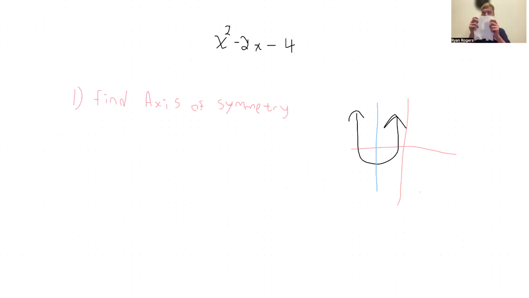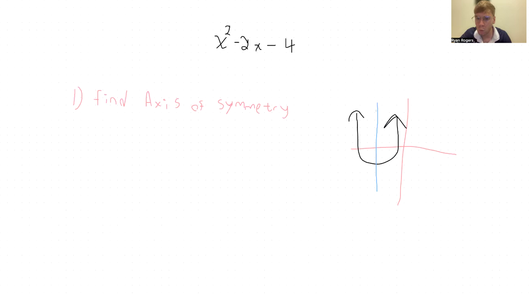If I were to fold it nice and even, it's the exact same on one side and the exact same on the other. There is an invisible line that runs in the middle. That's called your axis of symmetry. Symmetry means like the same.